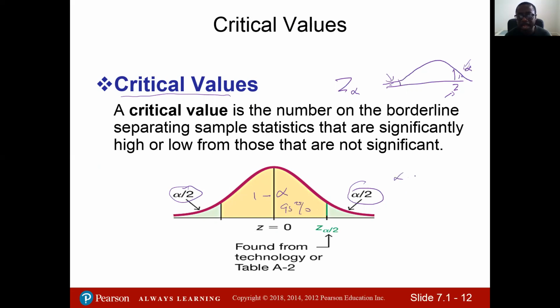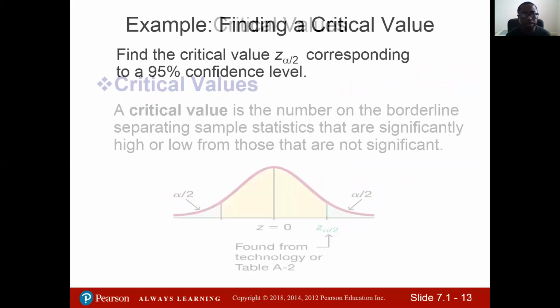If my alpha is 10%, then my middle will be 90%, and so on. Now, this Z alpha by 2 is what we call the critical value in this case. This is for the 2 tail critical value.